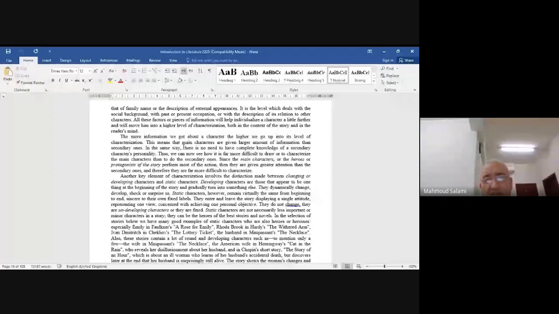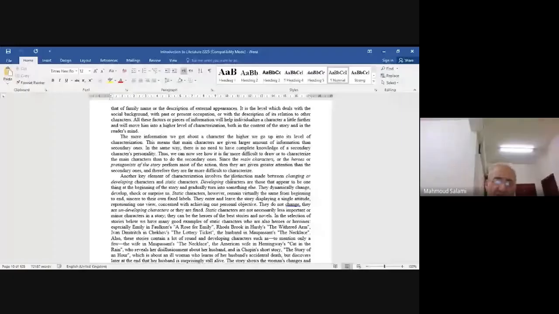Again, here I'm saying, since the main characters or the heroes or protagonists of the story perform most of the action, they are given greater attention than the secondary ones, and therefore they are far more difficult to characterize.